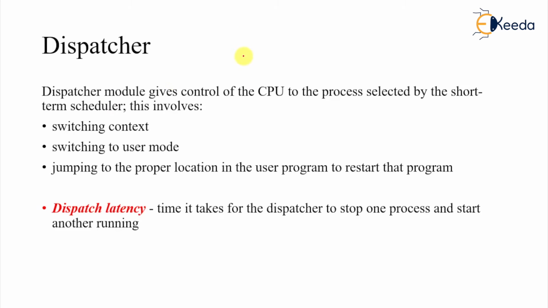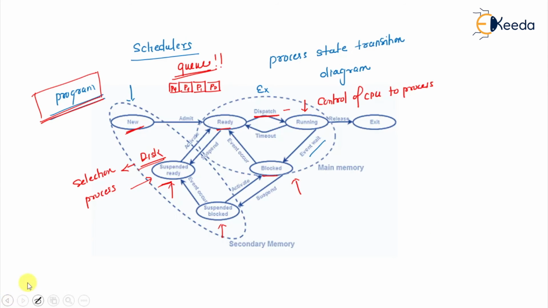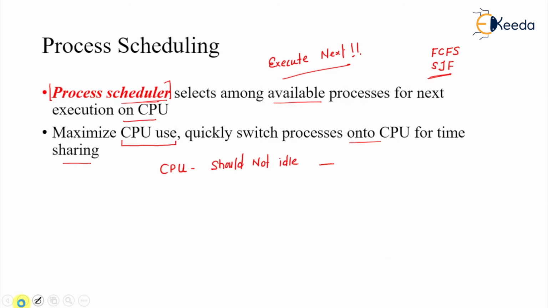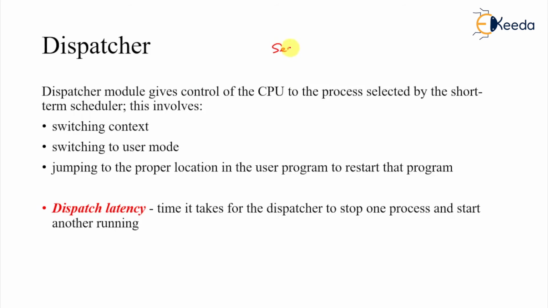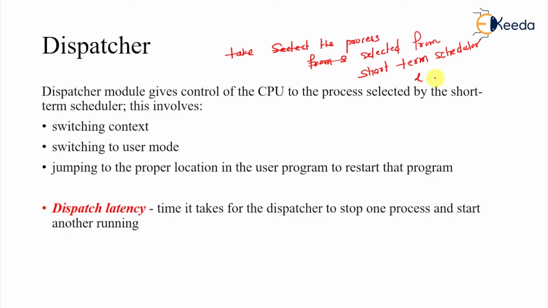Then we have a dispatcher, and this term is always used here. The dispatcher is the module that takes the process selected by the short-term scheduler and gives control of the CPU to it.